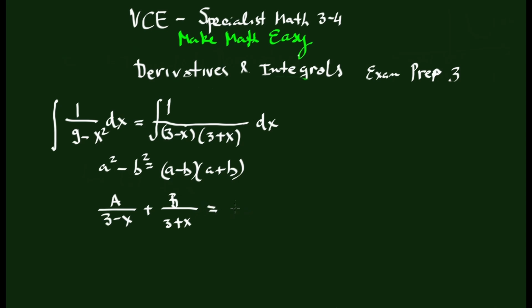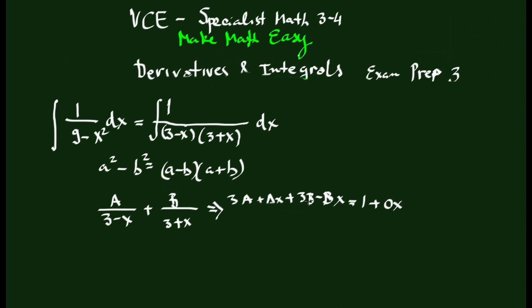So what that becomes is 3a plus ax plus 3b minus bx over the same denominator. That's just the top bit. Now if we equate it to the numerator above, it should be 1 plus 0x. Yeah, there's no x.